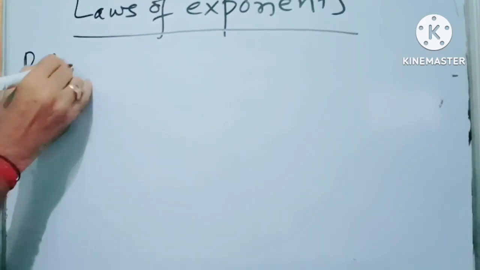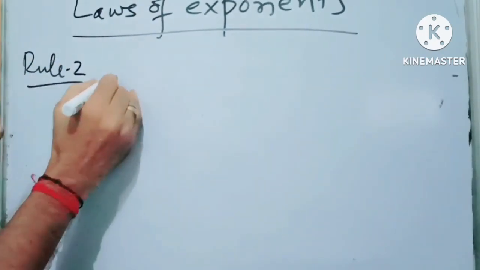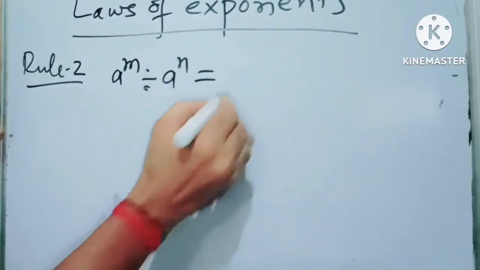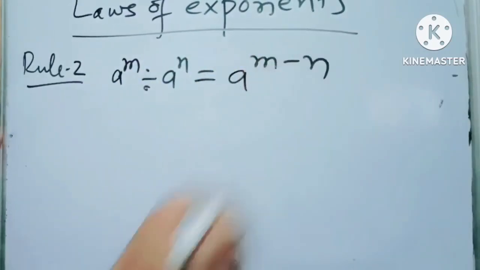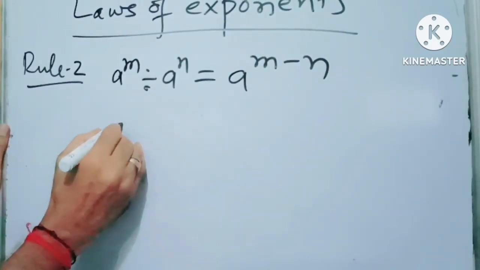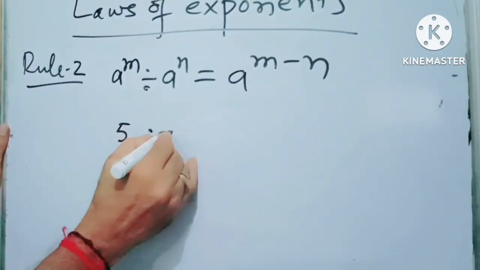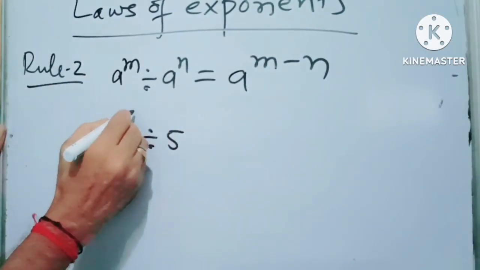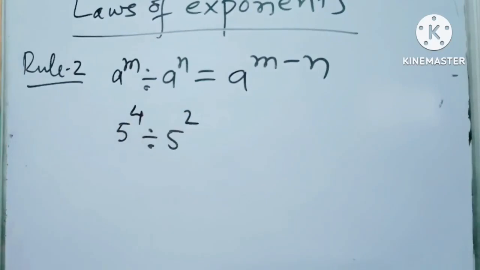Next, rule 2, the division rule. The division rule is a to the power m divided by a to the power n equal to what? a to the power m minus n. Here a is the same, we are taking 5 divided by 5, and m and n are different powers, we can write 4 and 2.